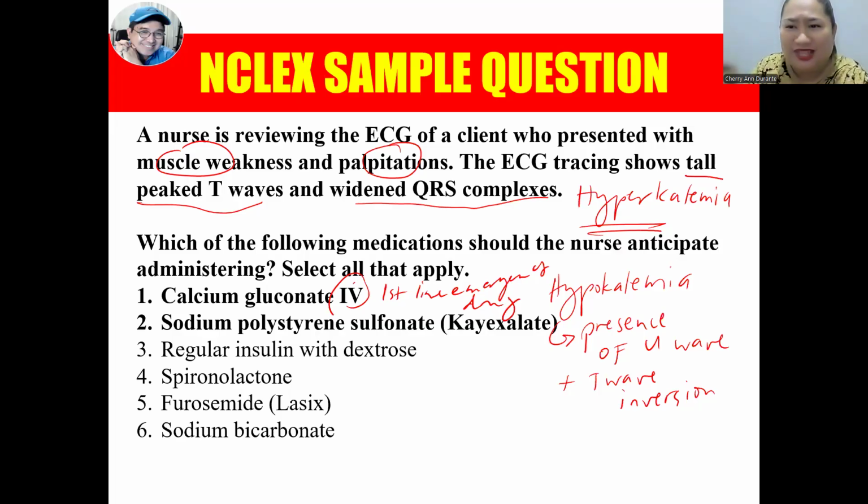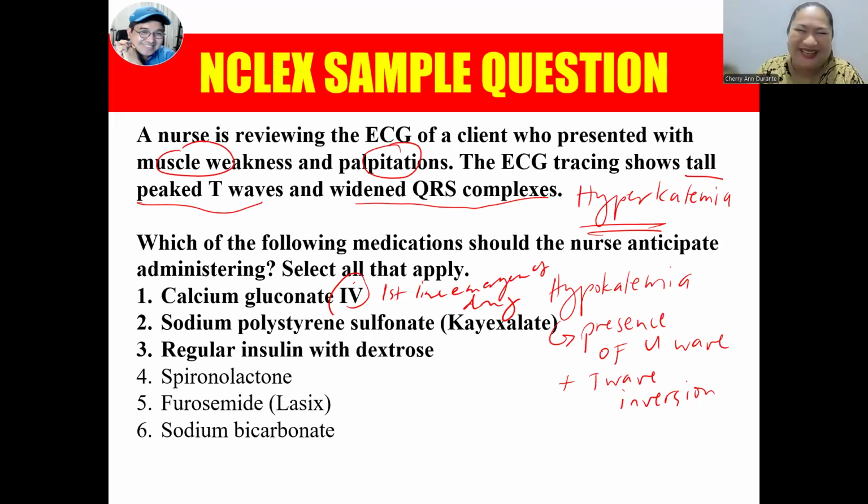Regular insulin with dextrose. You know your sodium potassium channels, so it's a yes. The idea here is the pathophysiology: when insulin is there, insulin helps the potassium to enter the cells. And because you're using insulin, sugar also enters the cells, so to prevent hypoglycemia, we give it with dextrose. So yes.